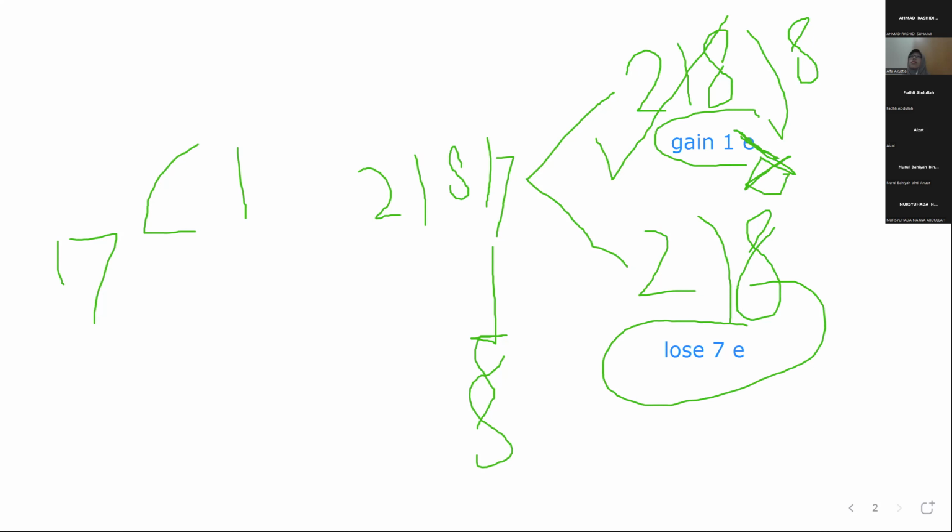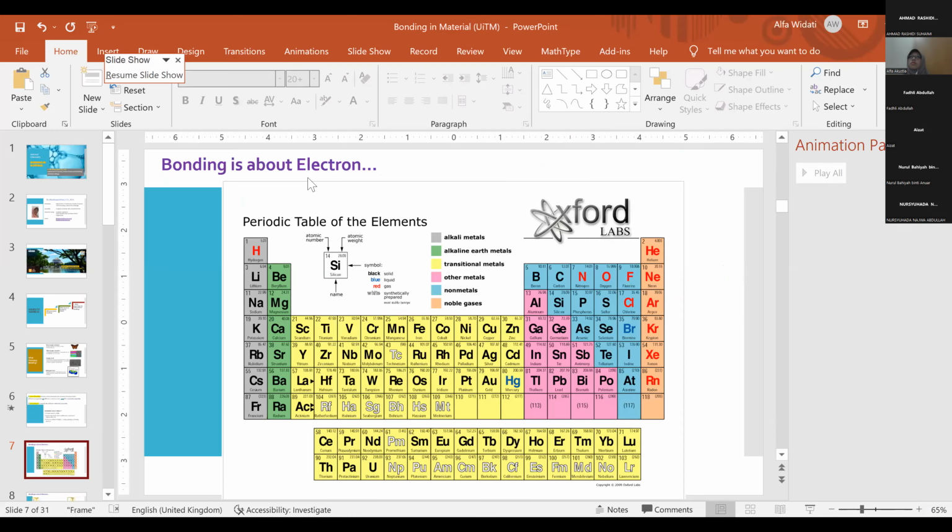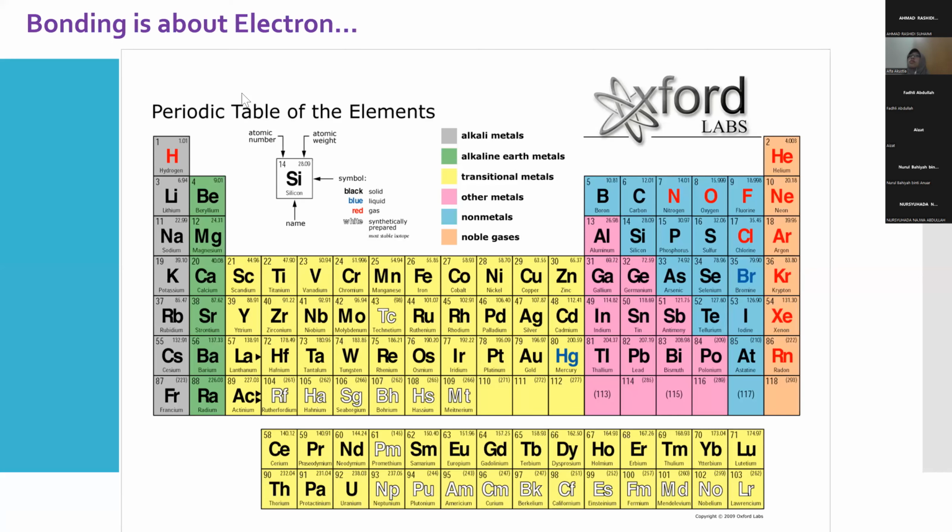Okay, now I'm back to the periodic table. So ionic bonding is about positive and negative charge. It easily happens in group number 1, group number 2, and then group number 6 and group number 7.